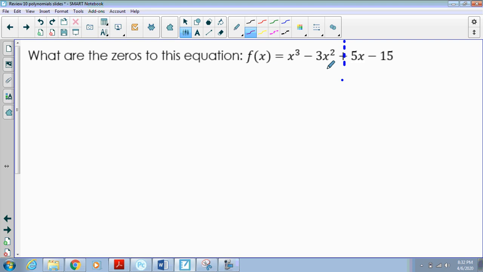So from this first piece, we can take out x squared. And when we do that, we're going to be left with x minus 3. And then we're going to do the same thing for this second piece over here. I can take out a positive 5.